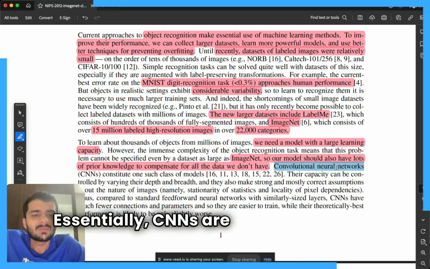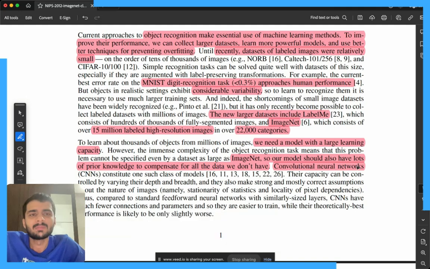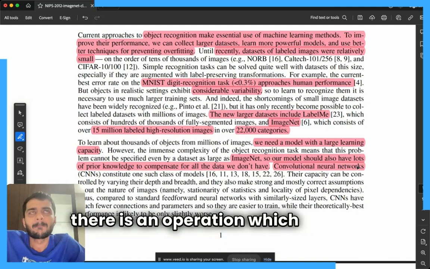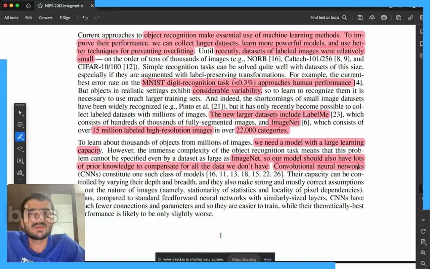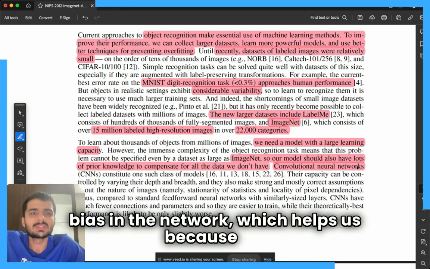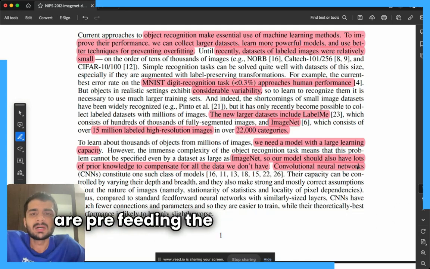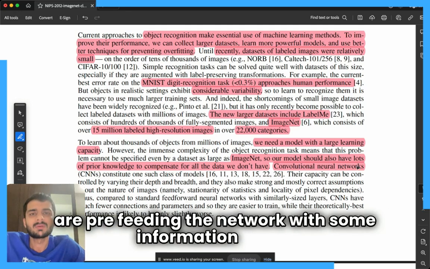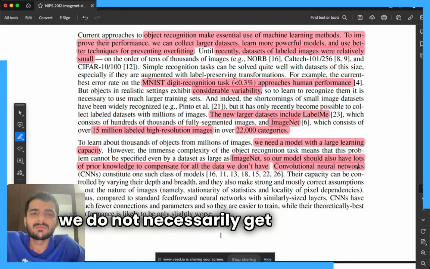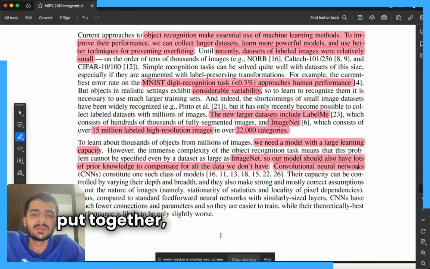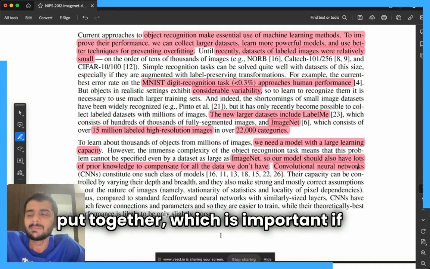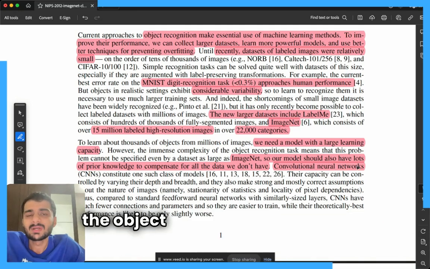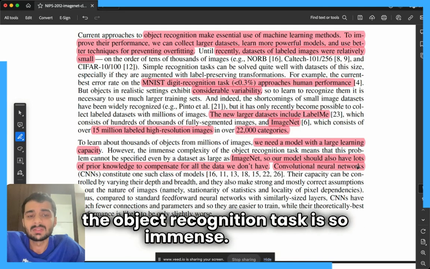Essentially, CNNs are one such class of model where there is an operation which induces a bias in the network, which helps us because we are pre-feeding the network with some information which we do not necessarily get from all the images put together, which is important if the complexity of the object recognition task is so immense, right?